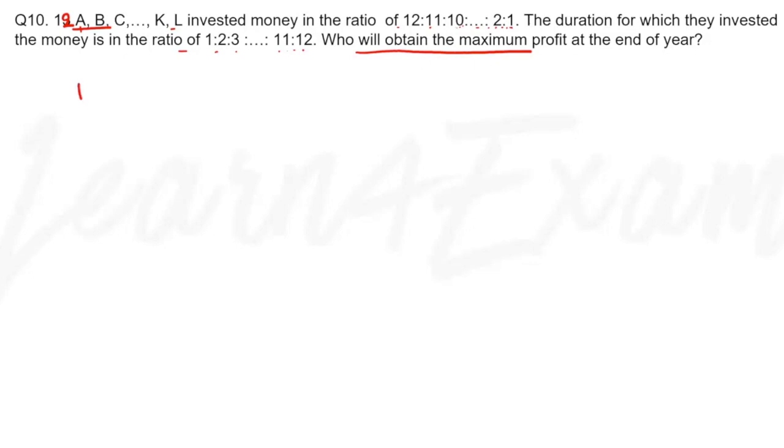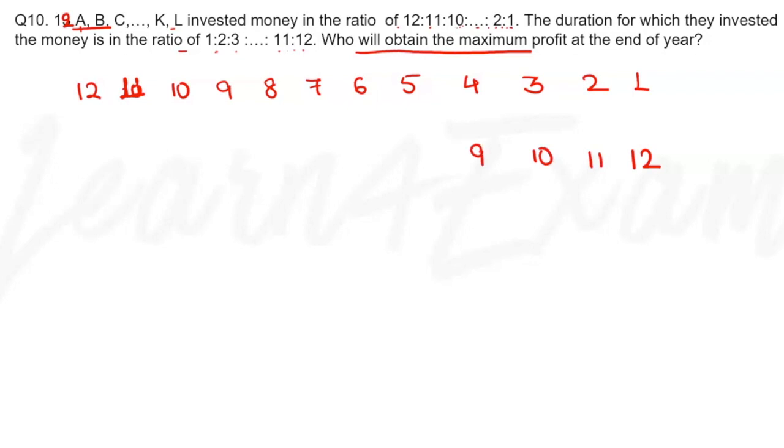So the money was invested in the ratio of 12, 11, 10, 9, 8, 7, 6, 5, 4, 3, 2, 1 for the opposite duration, right? 1, 2, 3 up to 12.